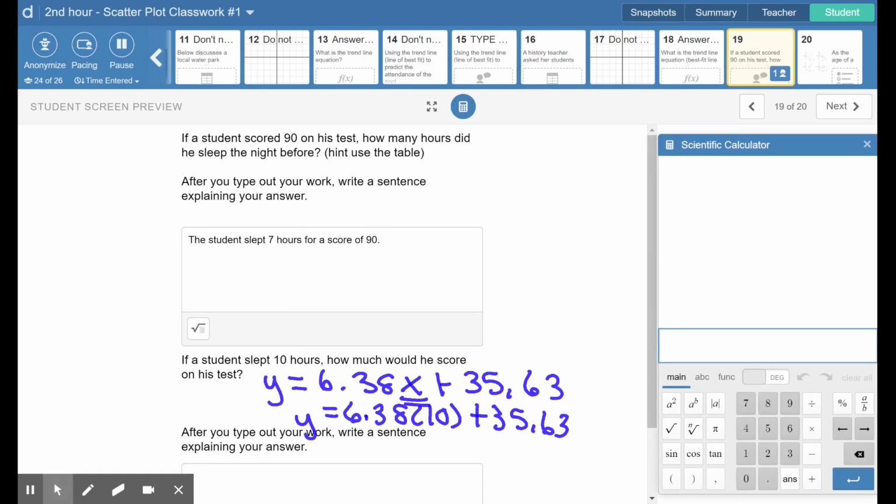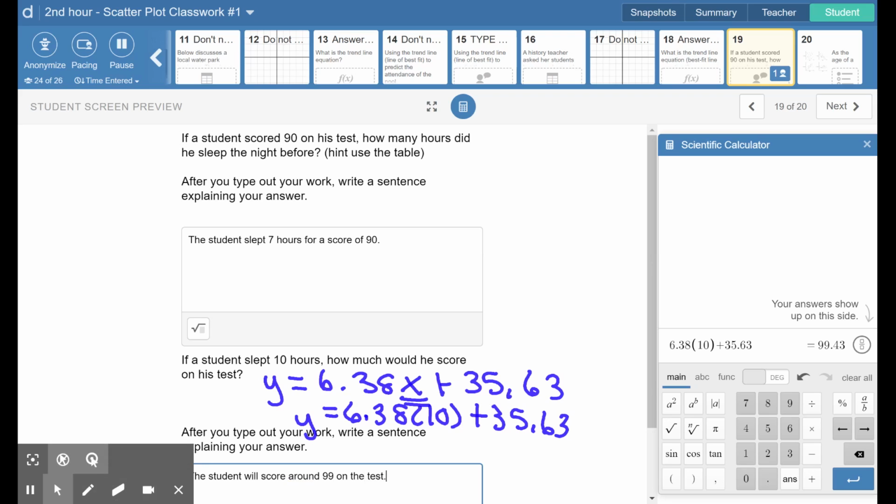So we're just going to plug in 6.38 parentheses 10, close the parentheses, plus 35.63. And you can just write the student will score around 99 on the test, because we got 99.43. So you can say 99.43 or you could just round it.